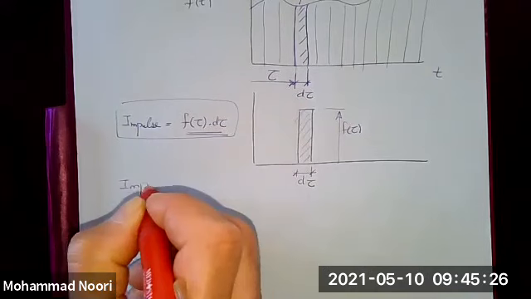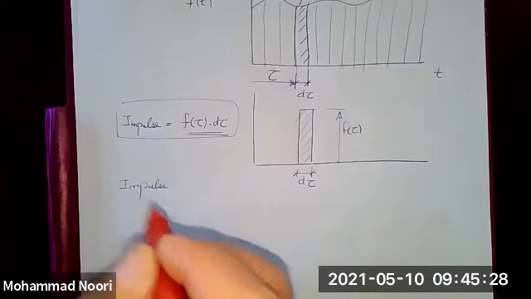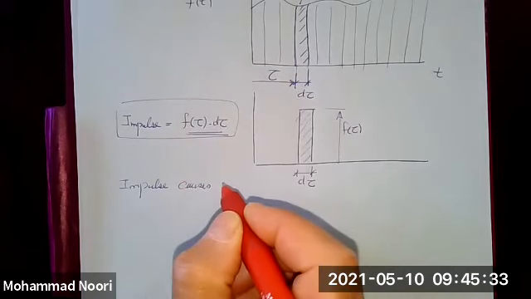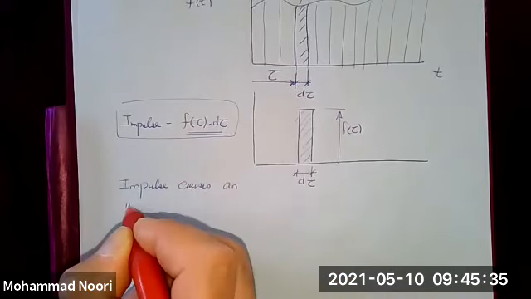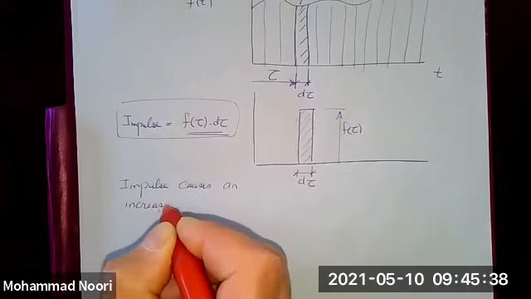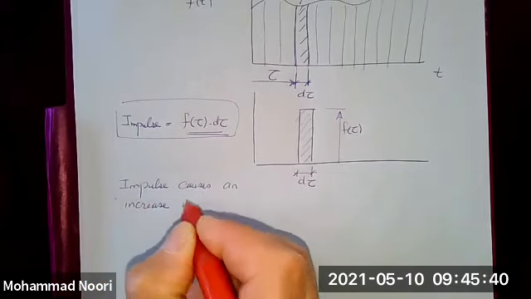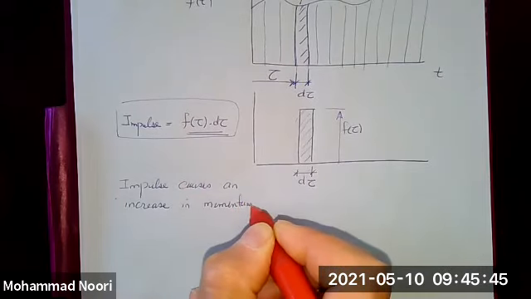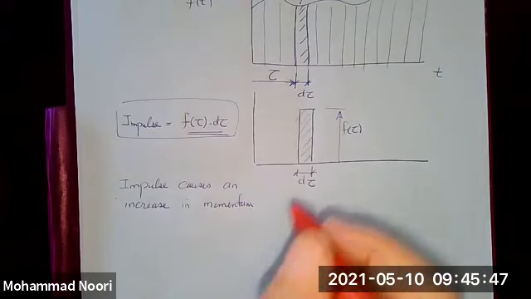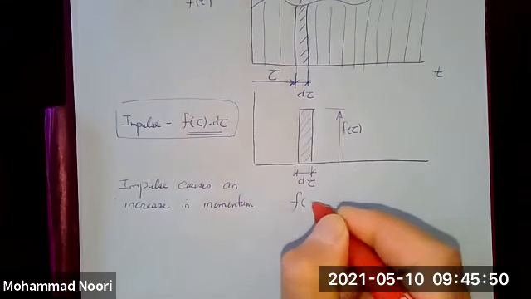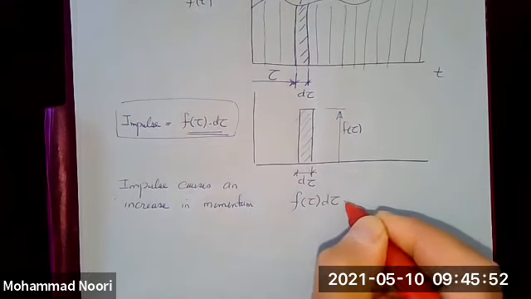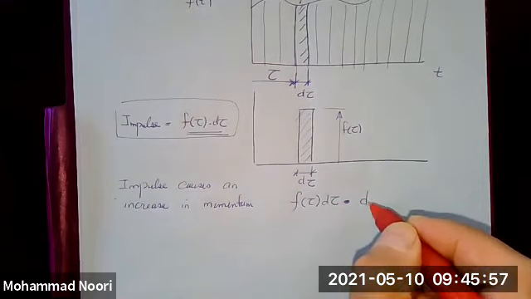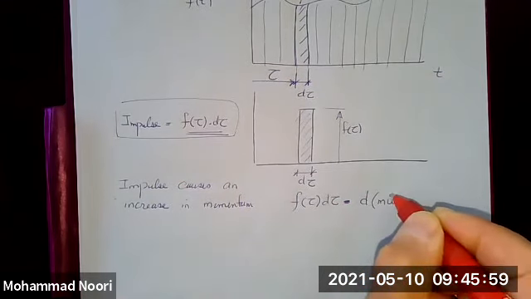Impulse, if you remember from dynamics, causes an increase in momentum. That is, f of tau d tau is basically the change in the momentum of the system.